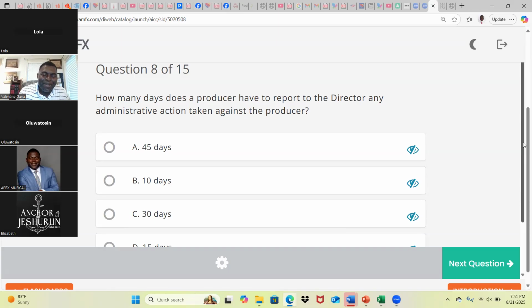How many days does a producer have to report to the director any administrative action taken against the producer? A, 45 days, B, 10 days, C, 30 days, D, 15 days. Okay.